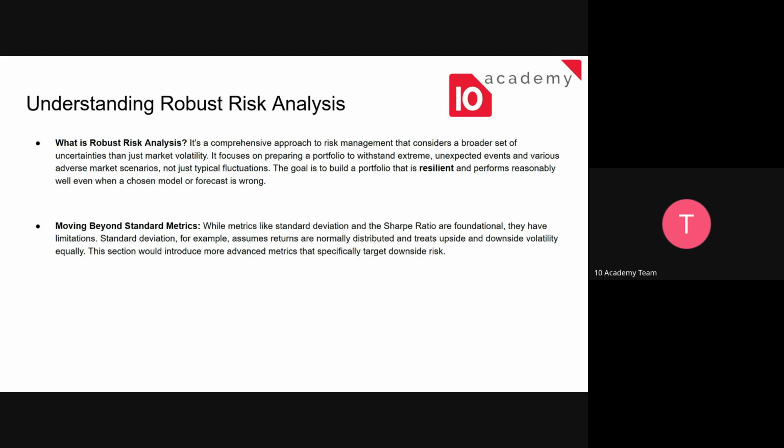The volatility might be in both directions, and it treats both directions equally. It is not trying to see the reasons behind this volatility, so we can advance our metrics to target both sides of the volatility, or both sides of the risks.